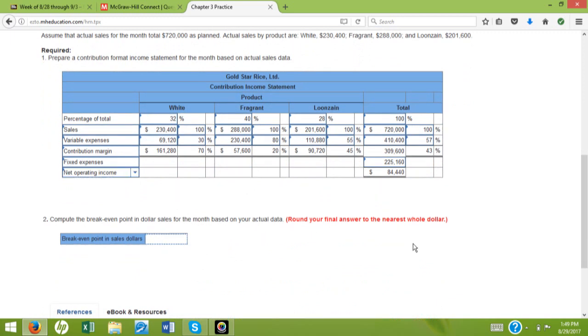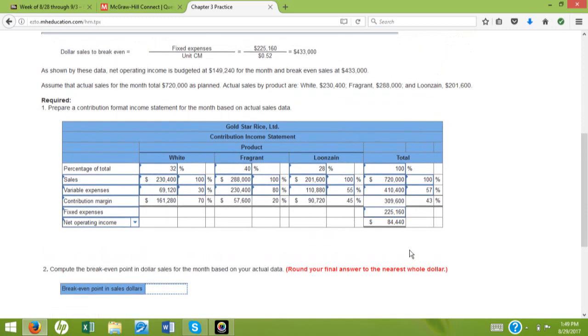The next thing we're going to do is step 2, or part 2, calculate the break-even point in dollar sales, and they actually give us the formula for that up here. So we're going to take our fixed expenses divided by our unit contribution margin. Our fixed expenses are $225,160. We're going to divide that by our unit contribution margin, and mine is calculated here.